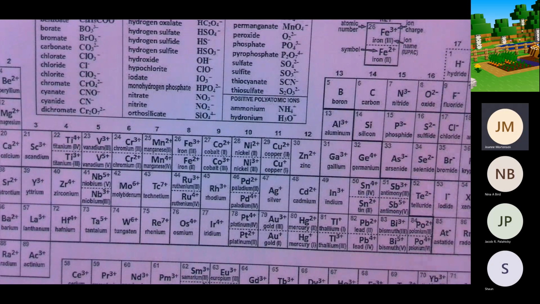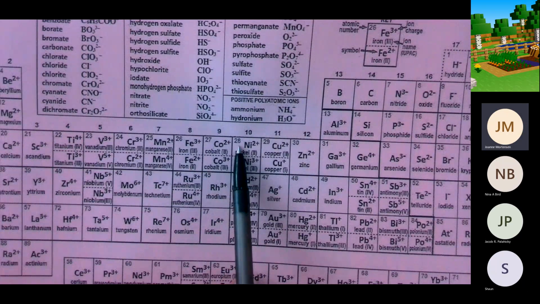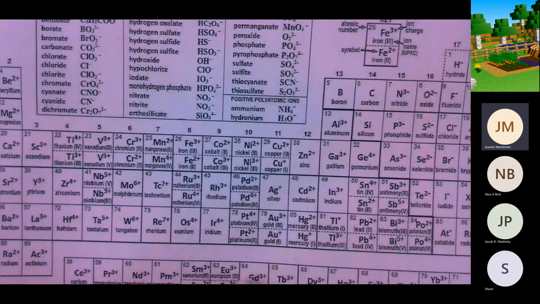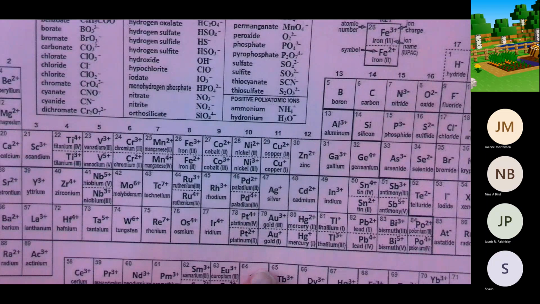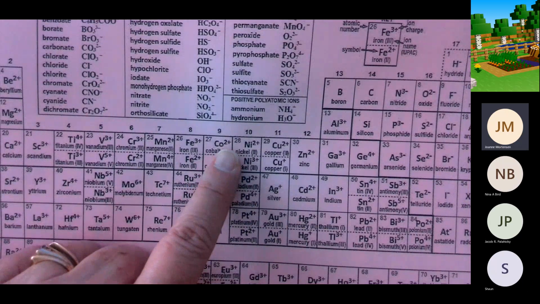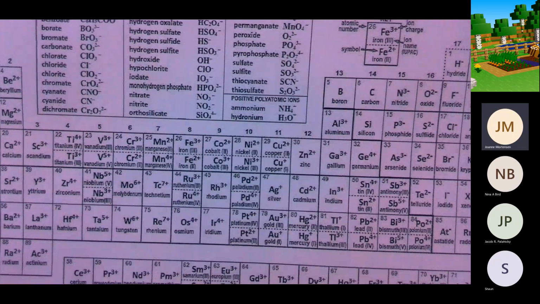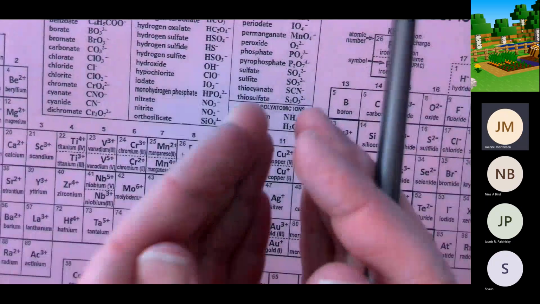If we have just plain old boring nickel, how many protons does it have? 28. It's got 28 protons. So if it's neutral, how many electrons does it have? 28, right? But they can't be all squished in really close.